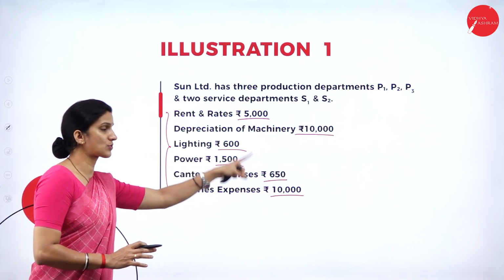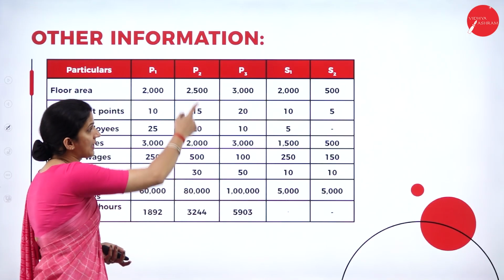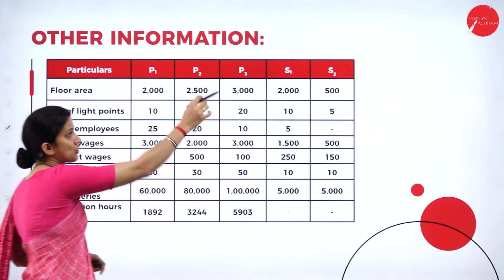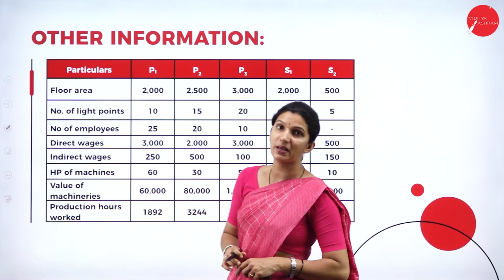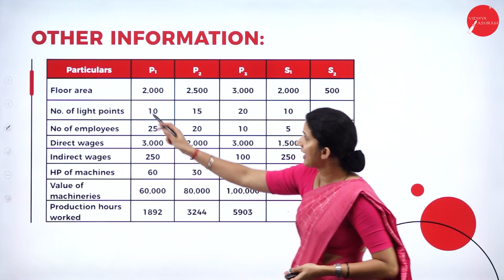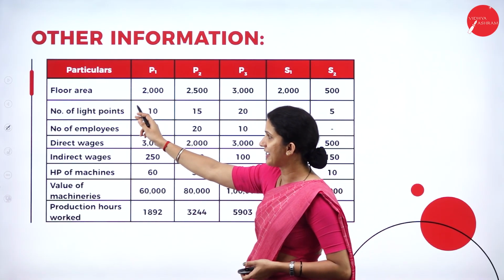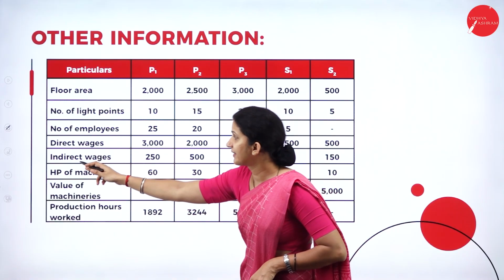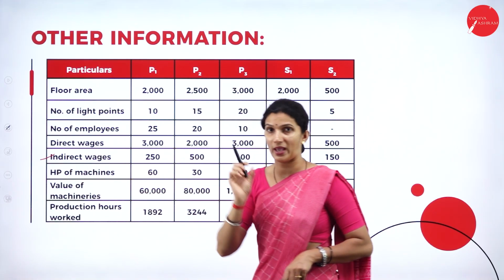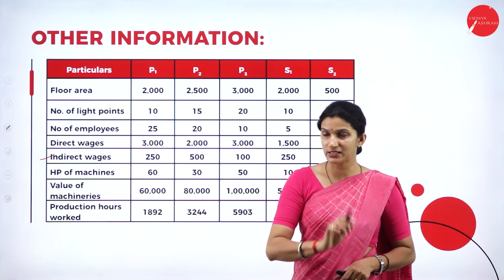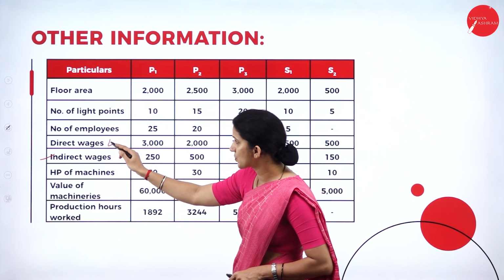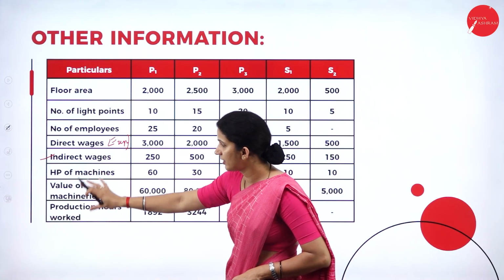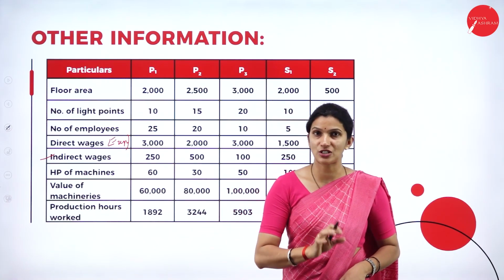To allocate this overhead, we have the bases of allocation, given department-wise. We have floor area, number of light points, number of employees, direct wage, and indirect wage. One important point: indirect wage is an expense, not like the other bases of allocation.